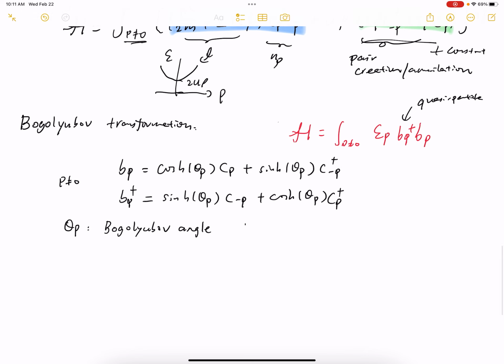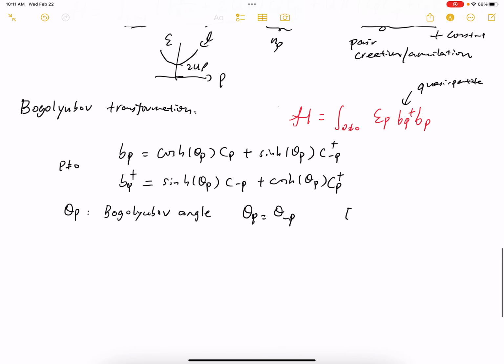We have to assume theta p is equal to theta minus p. This is needed to make sure that these BP and BP daggers actually obey the canonical commutation. In your homework too, you're asked to show that for BP and BP dagger, the commutator is equal to 1.